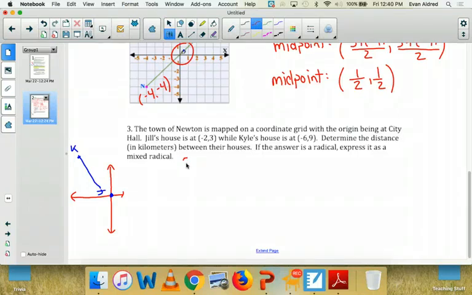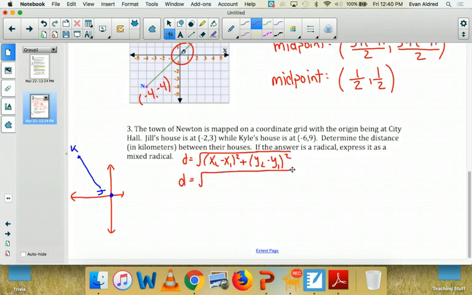So again, we know our distance formula is the square root of x2 minus x1 squared plus y2 minus y1 squared. So given our coordinates here, for x, it's going to be negative 6 minus negative 2 squared plus 9 minus 3 squared.